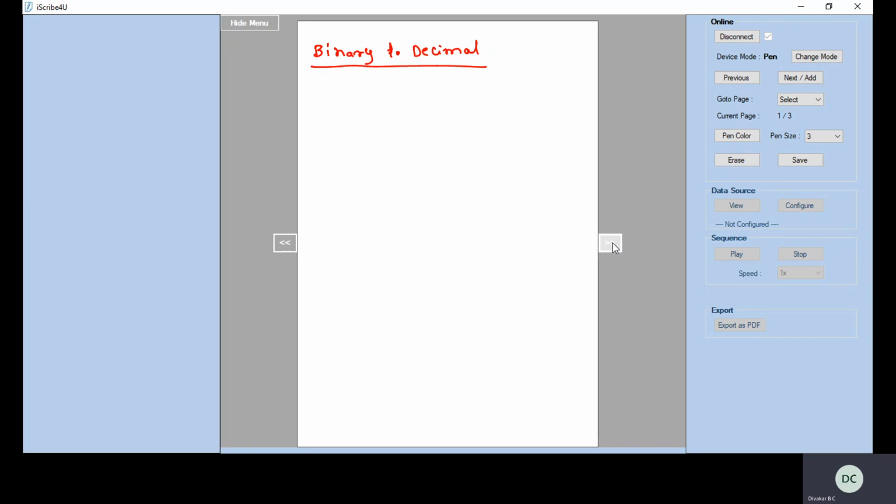Then write the binary bit stream in the generalized equation. Finally, add all the products, which gives the equivalent decimal number.